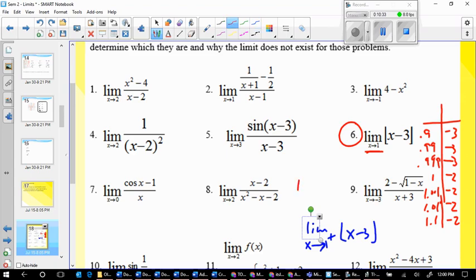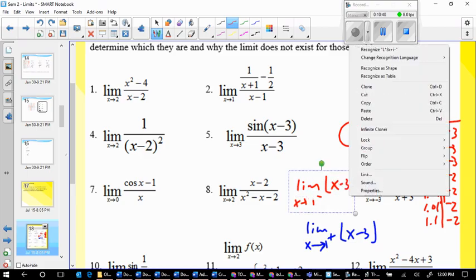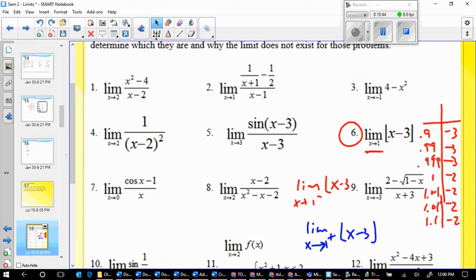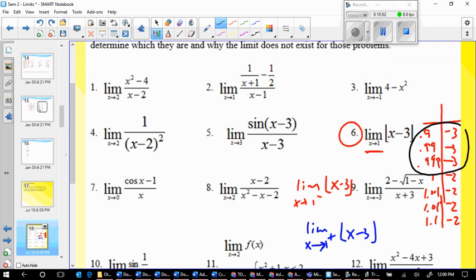And I want the limit as x is approaching 1 from below of x minus 3. From below, remember, we're looking at values that are less than. So these are the values that are less than. Again, I want to talk about what's approaching, not what's actually there.